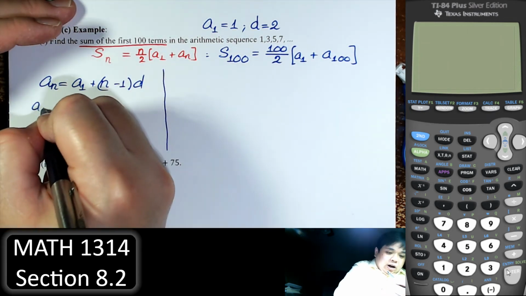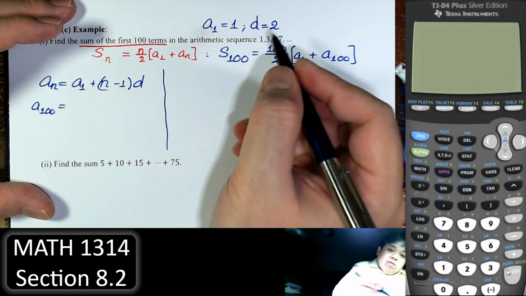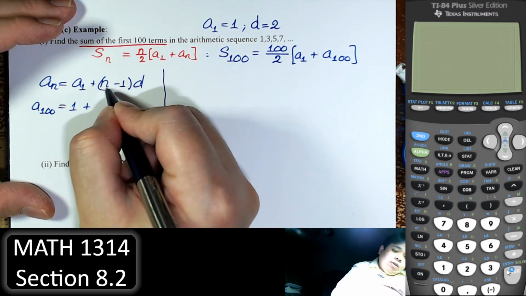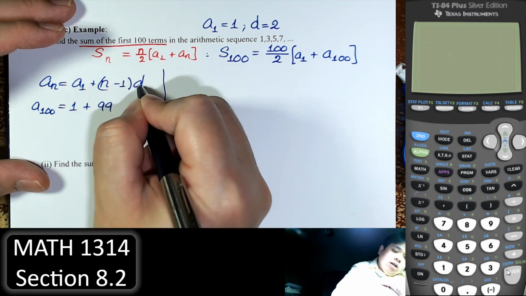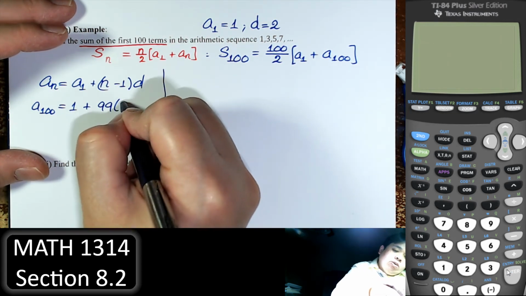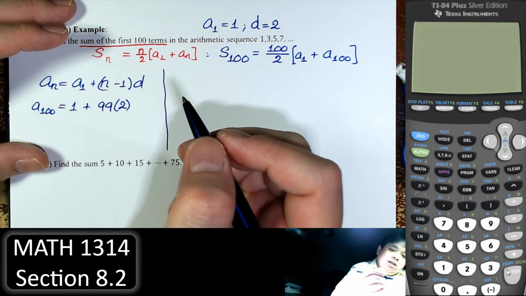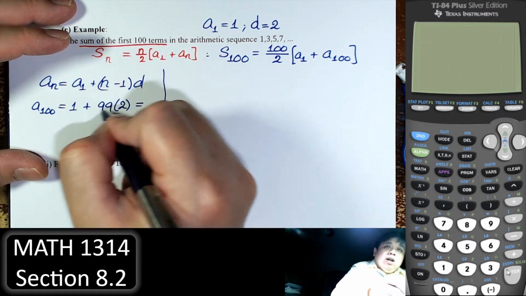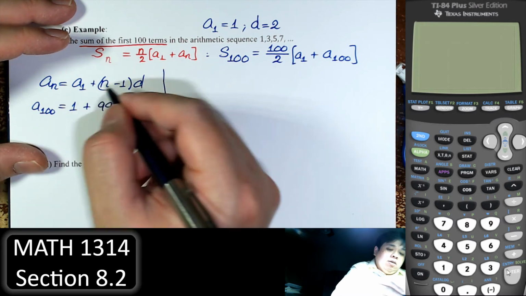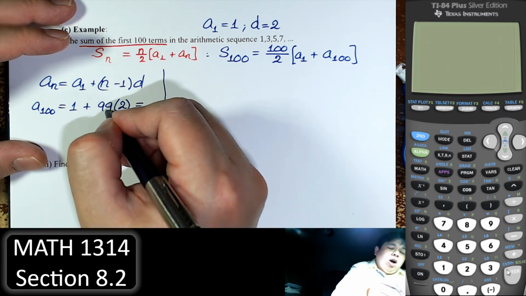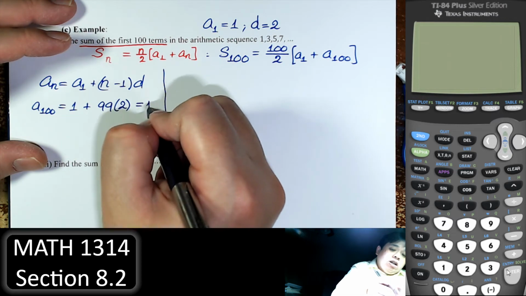Now for the 100th term, the first term is 1. To go from the first to the 100th term, we have 99 times the common difference, which is 2. So that's 198 plus 1, which is 199.